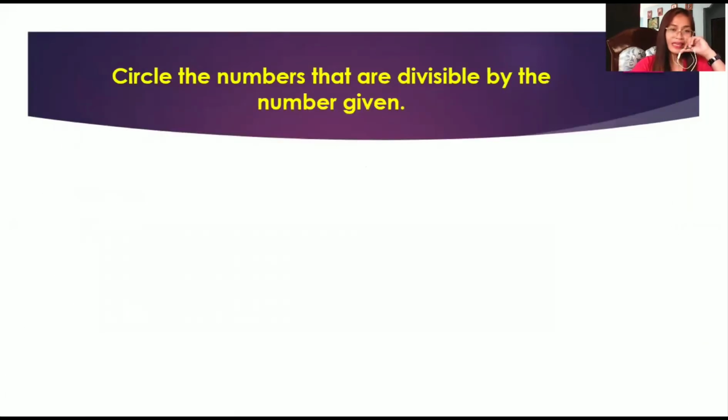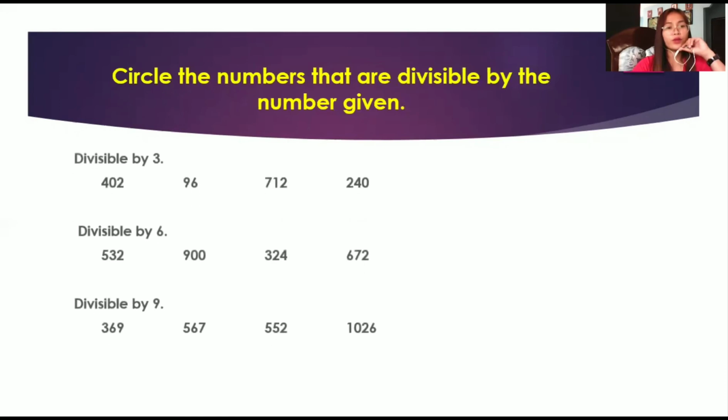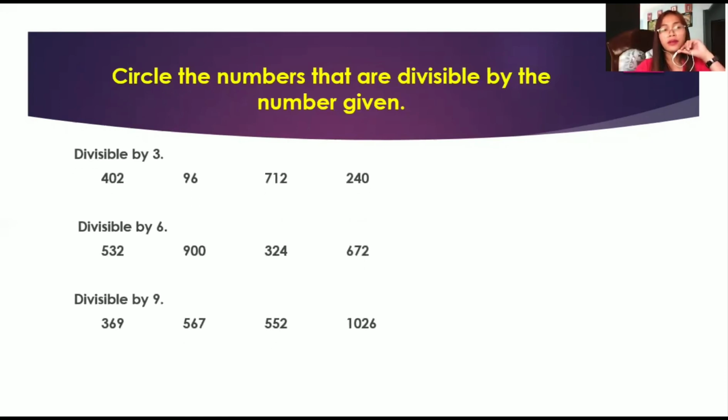If you understood everything, you try to answer this one. Circle the numbers that are divisible by the given number. We have here, for divisible by 3, find all the numbers divisible by 3, then try to circle it. Then the same with the divisibility rule for 6: find which numbers are divisible by 6.